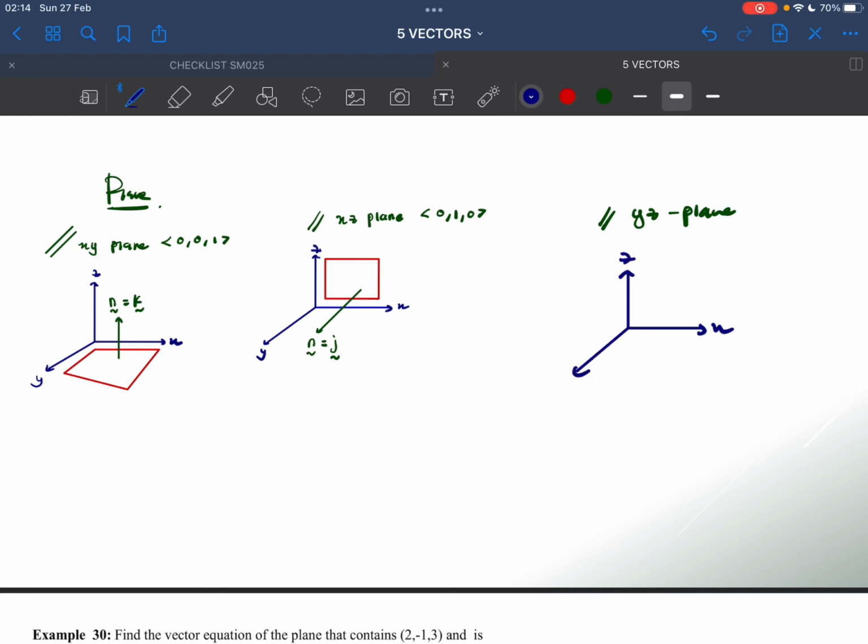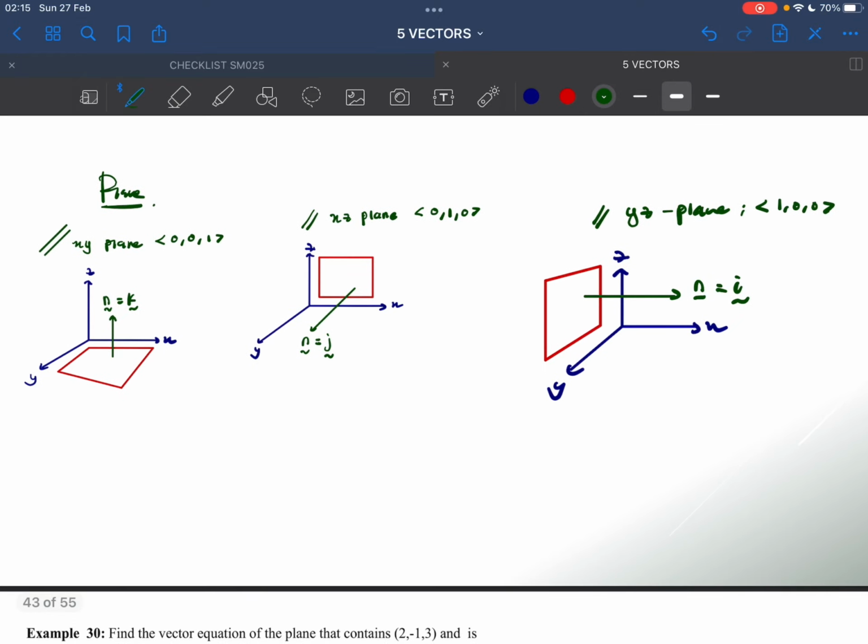So you have the yz plane, this is your y, this is your z, so your plane will be somewhere there. The normal for this plane is going to be like this, perpendicular to the plane. Remember, the normal is always perpendicular to the plane, so here the normal equals i, because it goes in the x direction. As a vector, we can also represent this as 1 0 0.